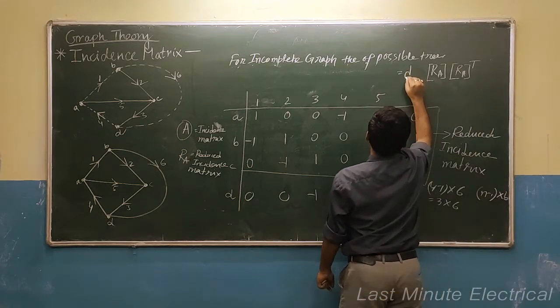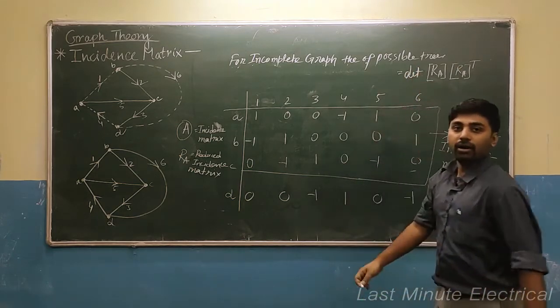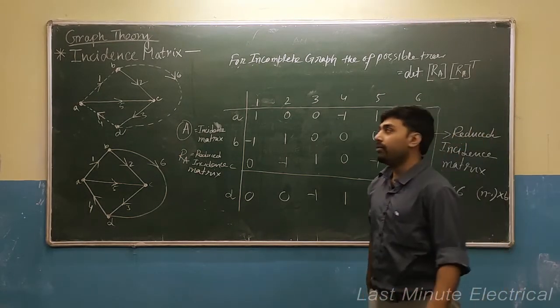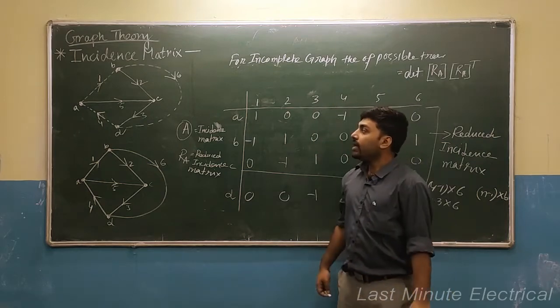Okay, determinant of RA and RA transpose. This will give you the number of trees in an incomplete graph.